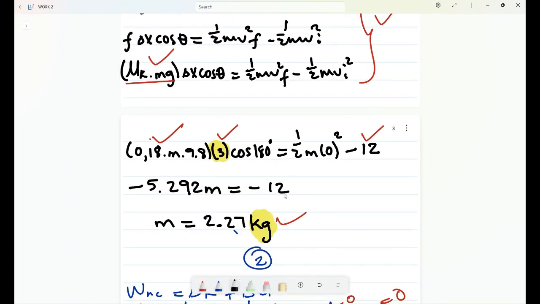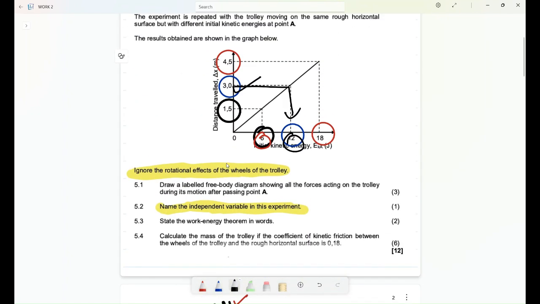But now that we choose 1.5, let's see if our answer is still going to be the same. This is good because it can improve the accuracy of our answer and of the investigation.